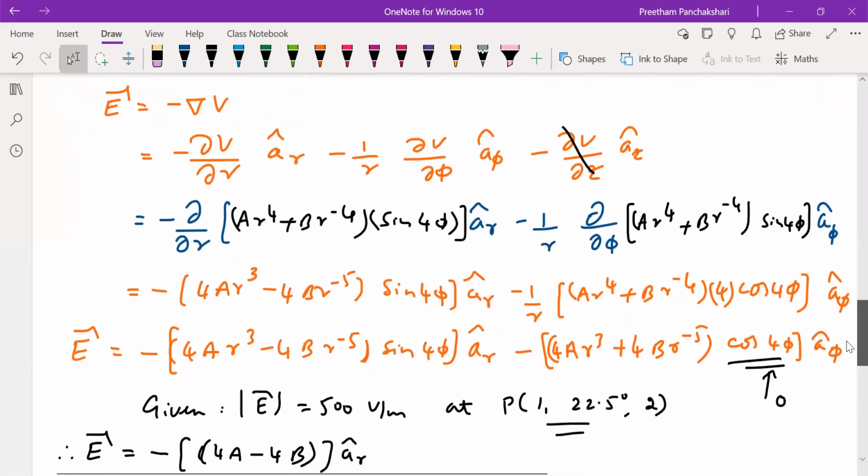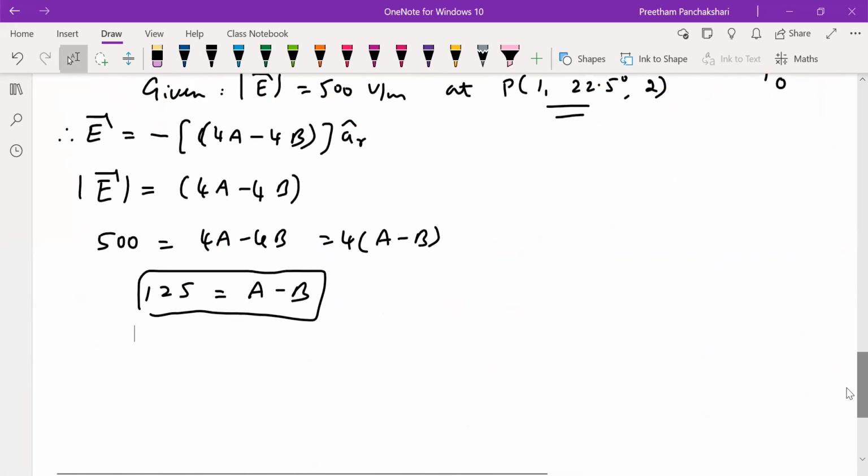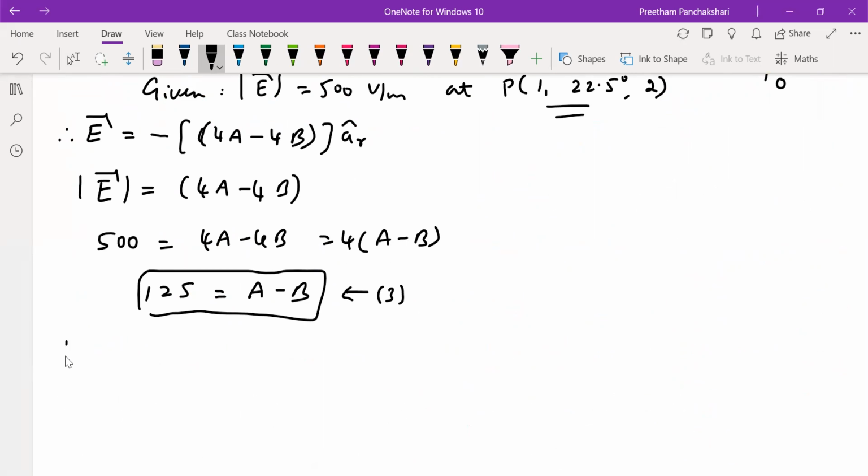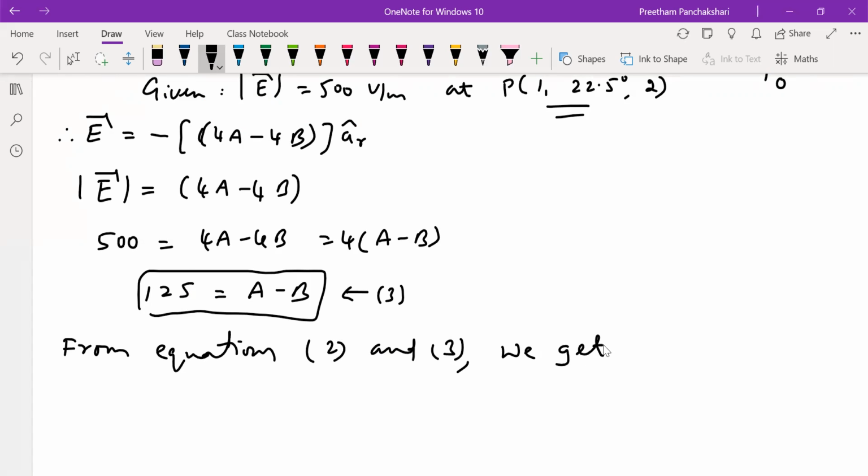We shall name this equation as 3. From equations 2 and 3, we get, so what happens with the 2 and 3?